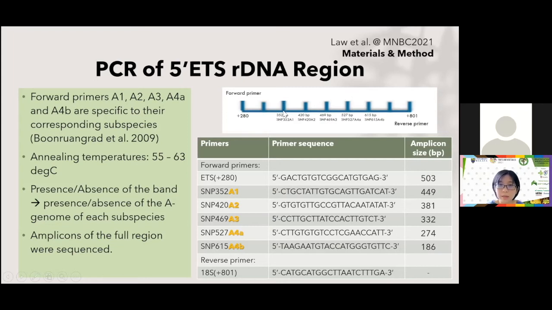In between, there are a number of forward primers designed at the SNP points, which can differentiate different subspecies. In the end, the presence or absence of a band will indicate the presence or absence of the A genome of each subspecies. We tested all these primers to look at the band profiles, and we also sequenced the amplicons.